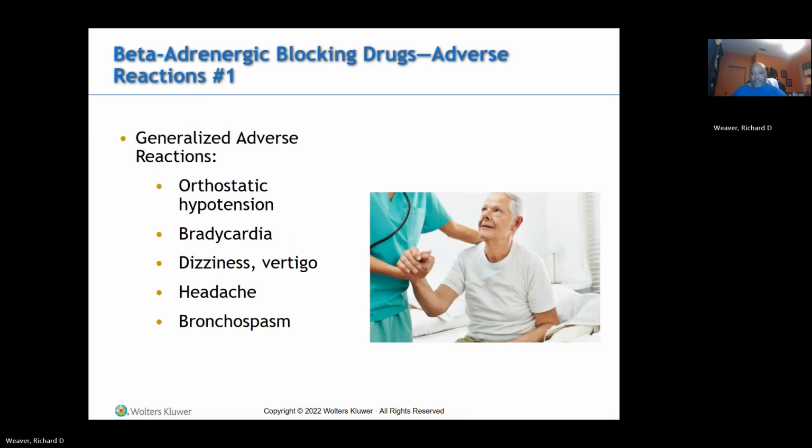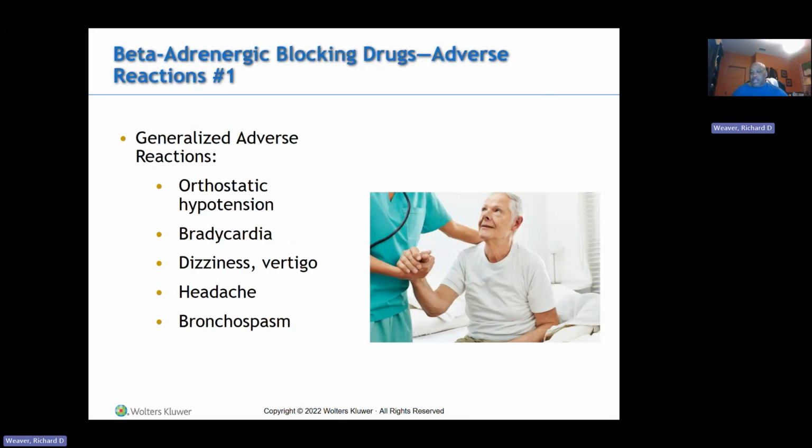When these beta 2 receptors dilate, they allow air to go in and out of the person's lungs. When the beta blockers block these receptors, it causes the smooth muscles in the bronchi to constrict. This leads to a narrowing of the airway, and it can cause the person to have difficulty breathing because of the spasming of the bronchial smooth muscle. So it's difficult for air to go in and out.